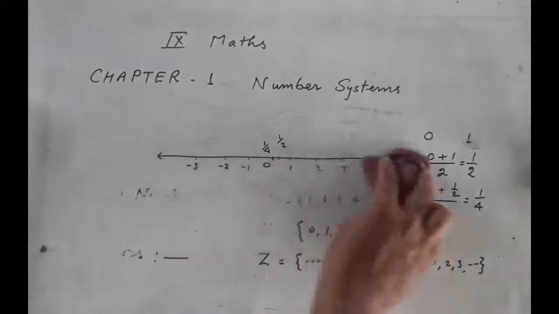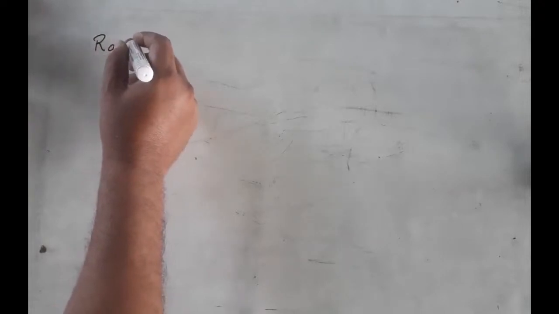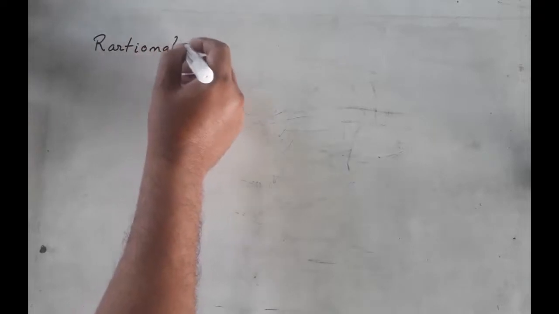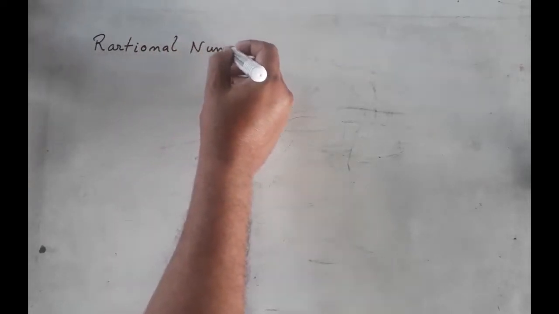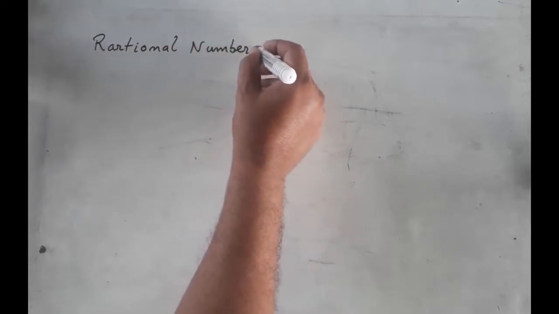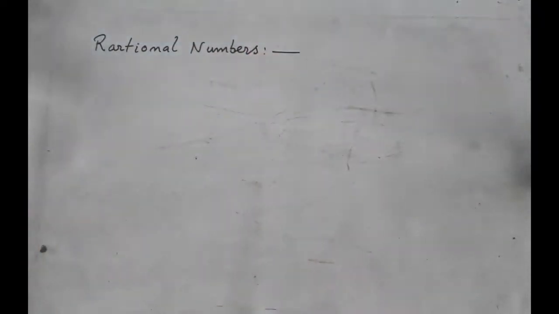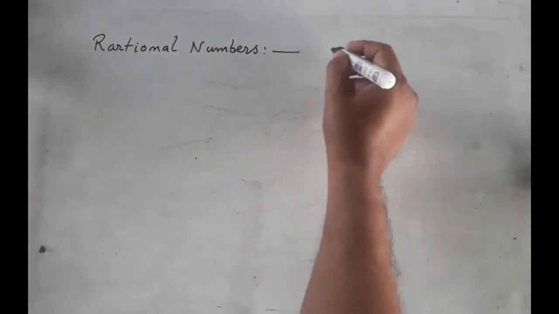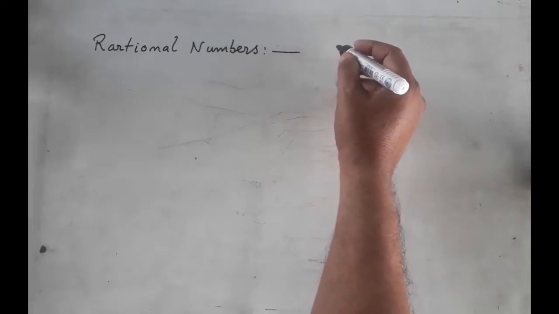Now we are discussing rational numbers. We denote it by Q. Rational number is denoted by Q.